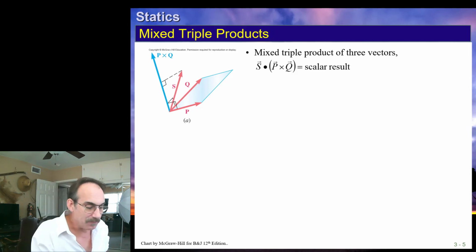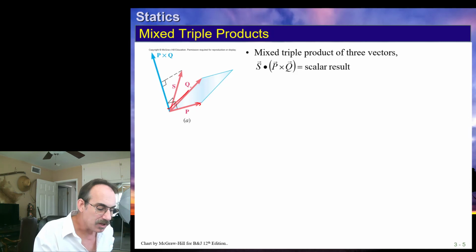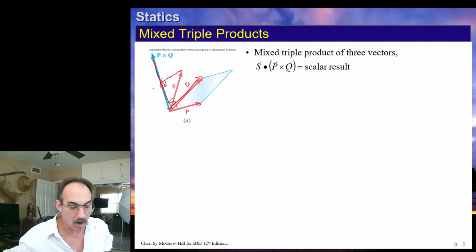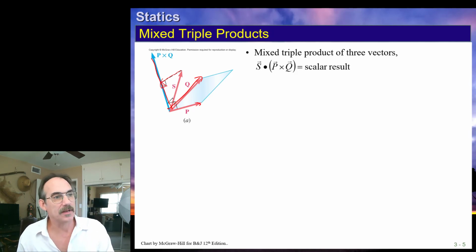So we see that P cross with Q gives us a vector perpendicular to both. And when we take the dot product of S with that, we're going to get a projection of S onto that P cross Q direction. Okay? That's how that works.